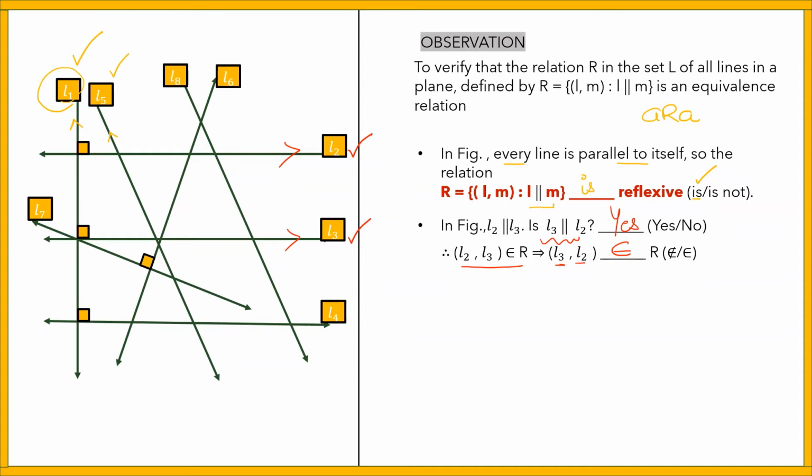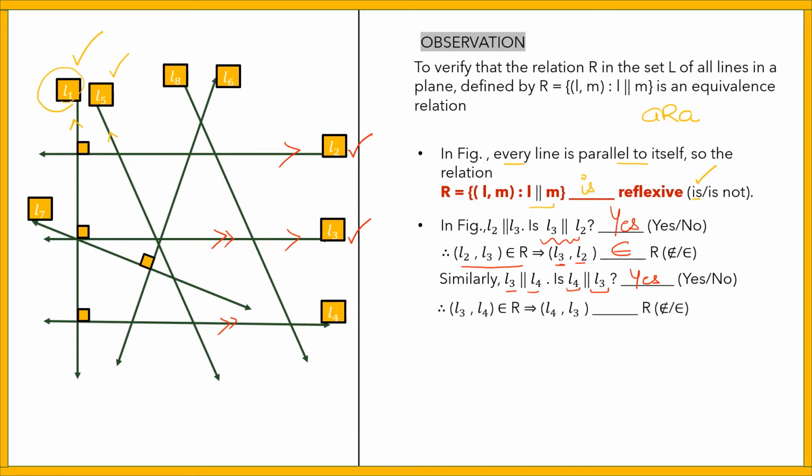Now take one more example. If L3 and L4 are parallel, then L4 is also parallel to L3. Hence, if L3 is related to L4, similarly L4 is related to L3.